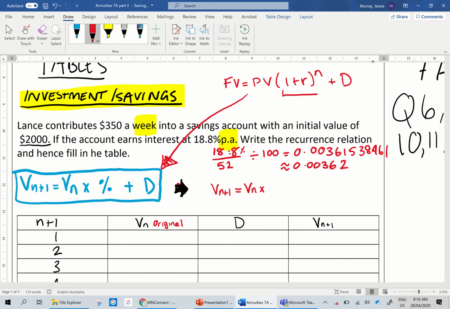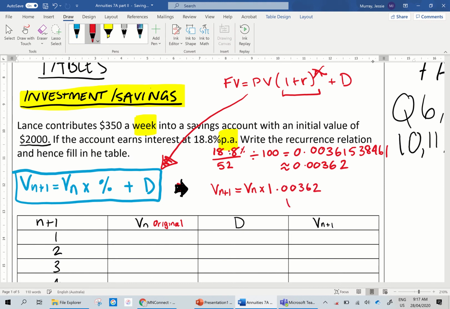Now remember, whenever we use our compounding interest, we need to do 1 plus the rate. Now to the power of n, well, this is just a recurrence relation, so you don't have to worry about the power. We're just multiplying that initial value by the percent, so it's going to be 1.00362.